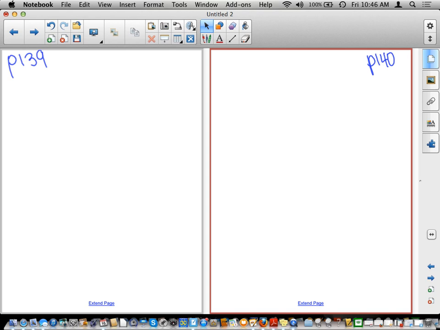I'm going to move it over to 141, because I want the entire spread for this. And this is section 2, so I want to make sure I stay in order.